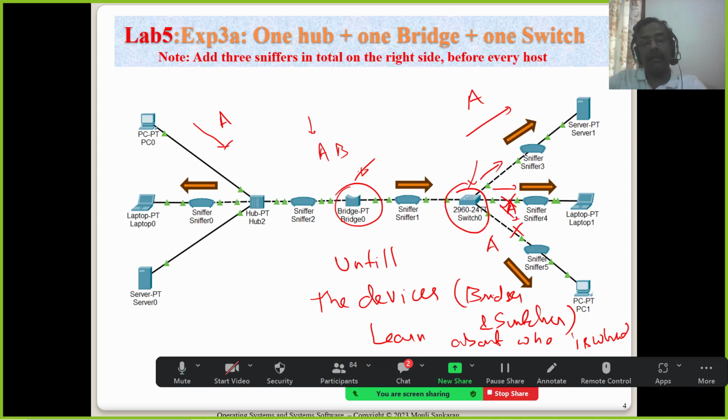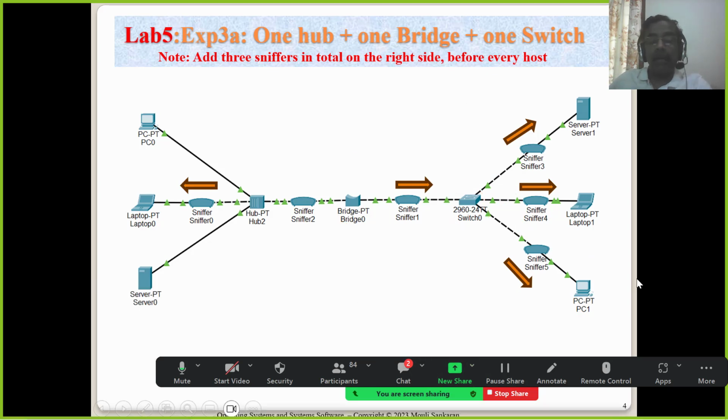In the exam I will make it clear that all the devices have learned the places of the hosts. After that we analyze what is happening. Before they learn, they are like a hub only, because unless you tell the devices which host is where, they are not going to be aware of it.